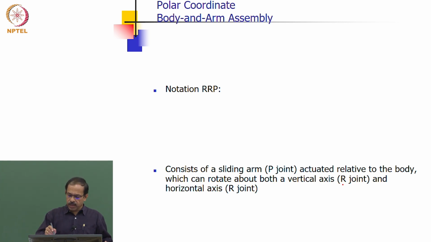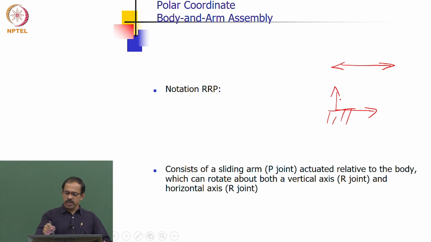Suppose this is the base, and you have a coordinate frame like this. Then you have 1 joint which is the prismatic one, which goes in this direction, and then we can have 1 axis which rotates with respect to this.